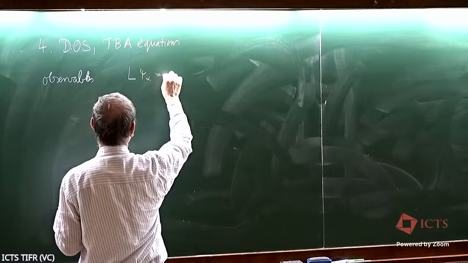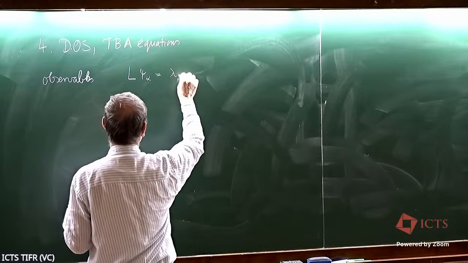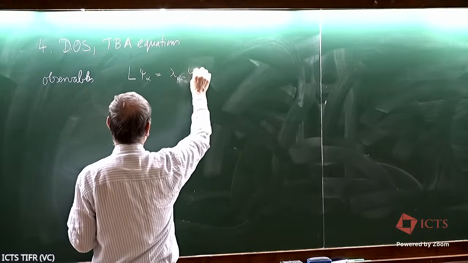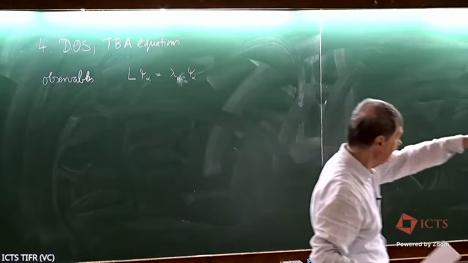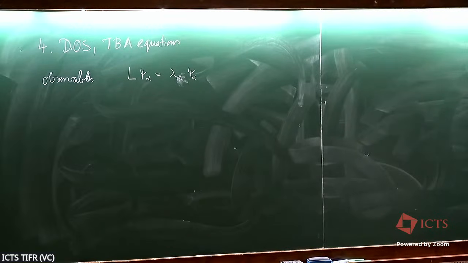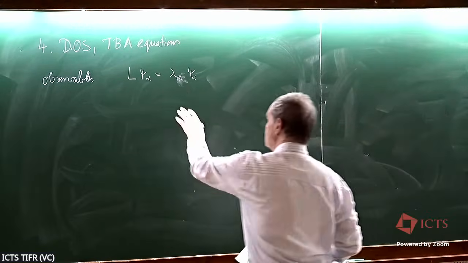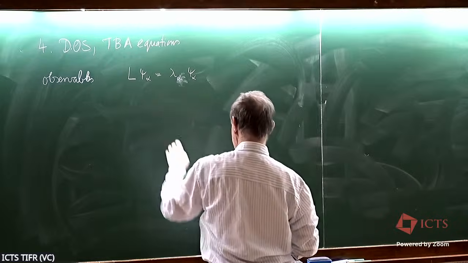So here I have my eigenvalue equation, and L is my Lax matrix, which is random, right? Of course these are non-random, but these objects are random.